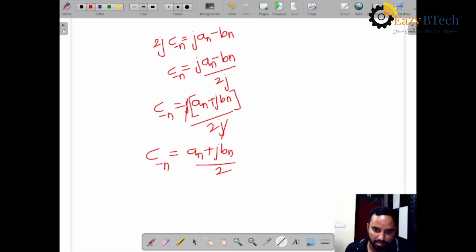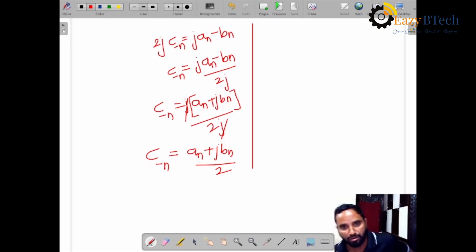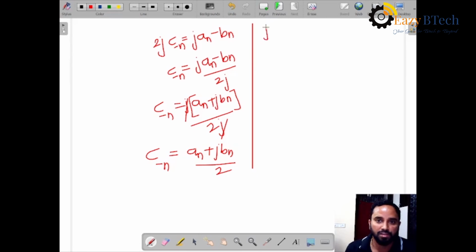Similarly, Cn also we can do. We want Cn. So how to get Cn? Previously we subtracted. Now to get Cn, what we need to do? Addition. So what we have actually?